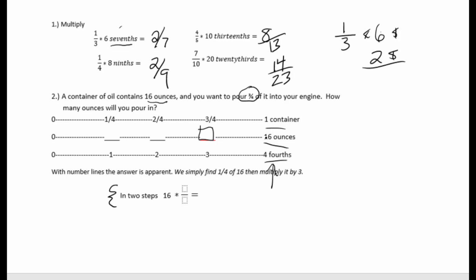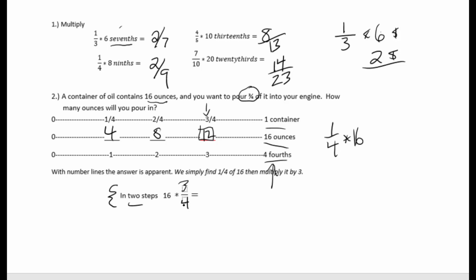To find 1/4 of 16, that's the same thing as 16 divided by 4. So there you go. That should be helpful, right? And then 2/4 would be 8, and 3/4 would be 12. So that's the answer.